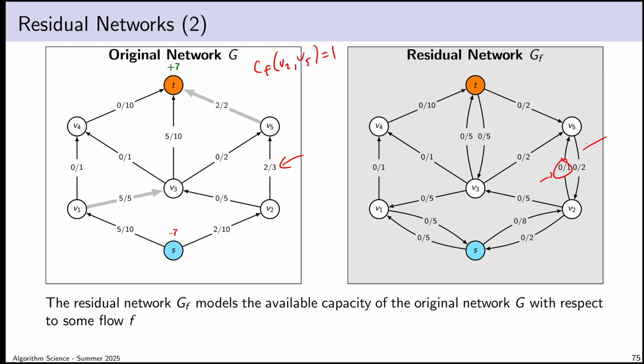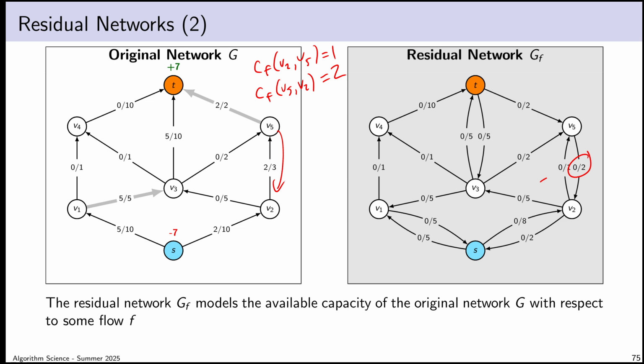But also notice that there's a new edge in the opposite direction. What if I ask about the residual capacity from V5 to V2 in my network G? Well, if I wanted to, I could send up to 2 units backwards along the edge V2, V5. I could return those to sender, which means the residual capacity is 2. And notice that in my residual network, there is now an edge from V5 to V2 with capacity 2 to indicate that I have the option of sending flow from V5 to V2.